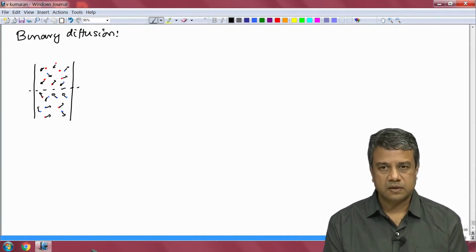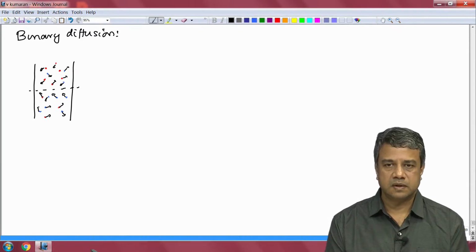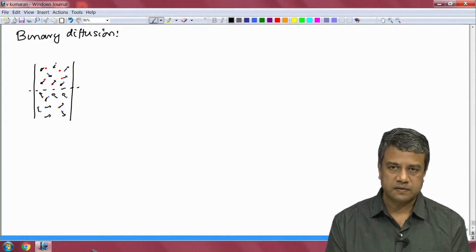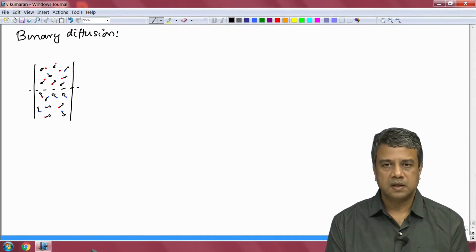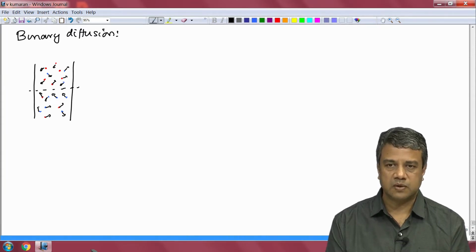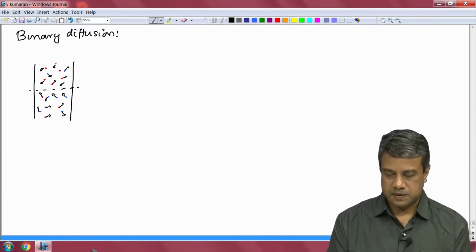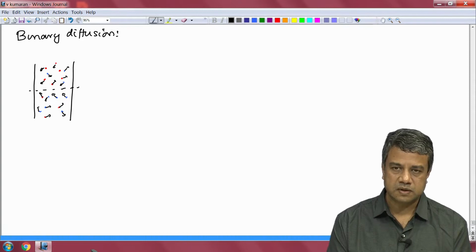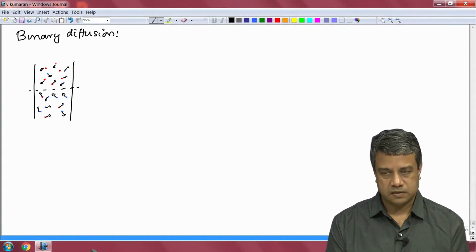This would also be true if the concentration of one of the species is much smaller than that of the other species, what we call tracer diffusion, that is diffusion of one species which is present in very small amount relative to the other species, so that the motion of that one species does not cause a motion of the entire mass as a whole.